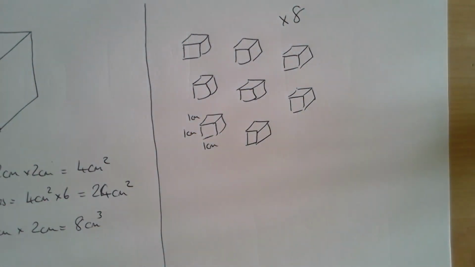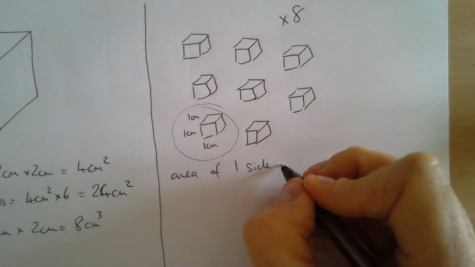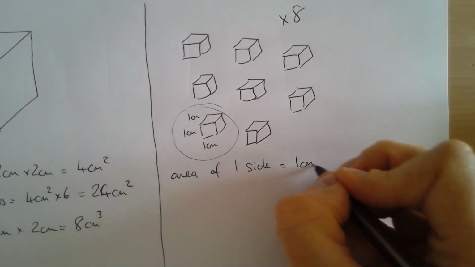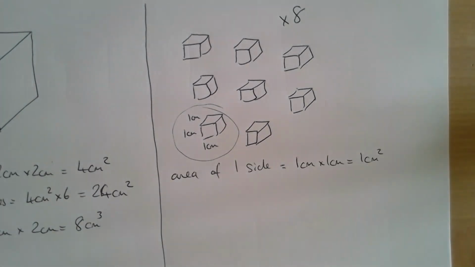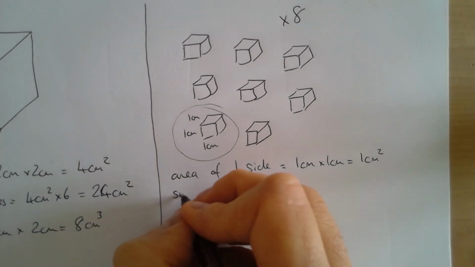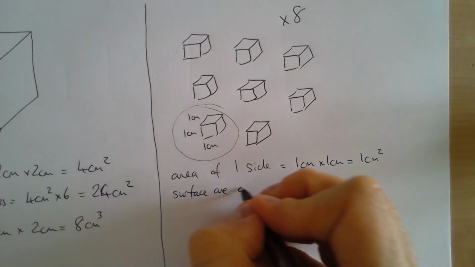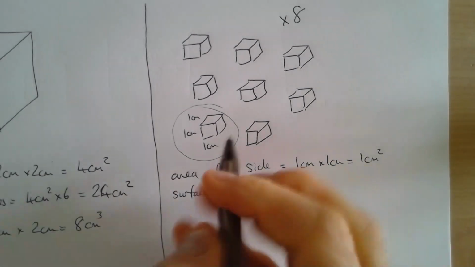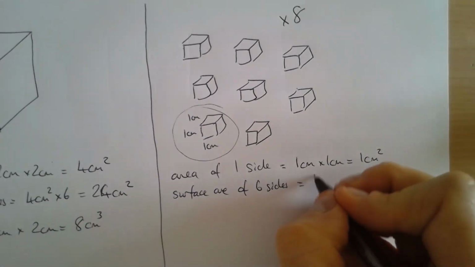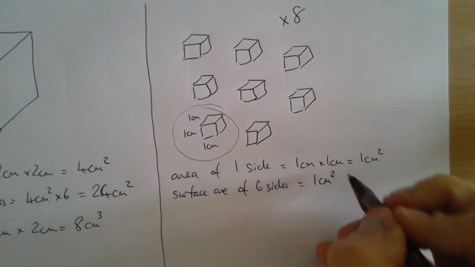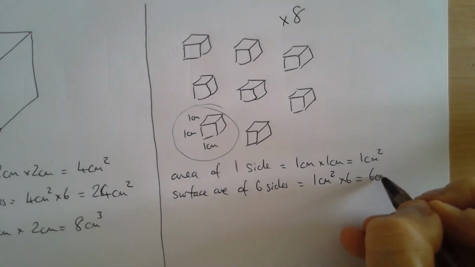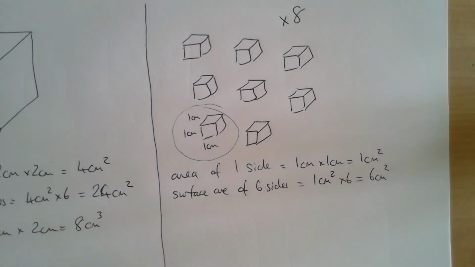So let's have a look at the area of one side for 1 cube. I'm just doing this for 1 cube. That's going to be that. Let's have a look at the surface area of 6 sides for my 1 cube again, and that's 1 centimeter squared. I've worked out the area of one side, and there are 6 sides, so there's the surface area of 6 sides.